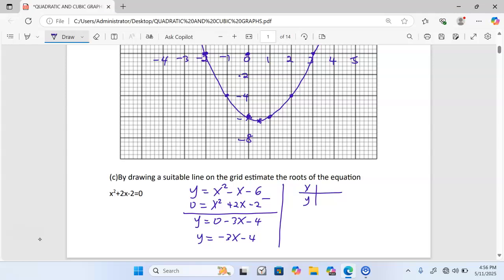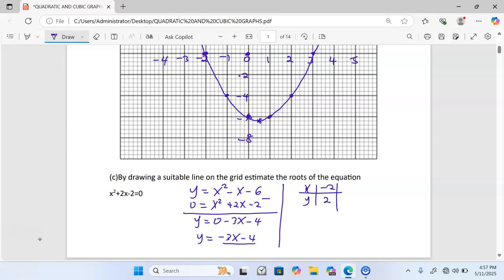At this point now, we can assume the values that we already have in our graph. When x is, for example, -2, you can place the value of x here so that we can get y. The value of y is going to be +2.